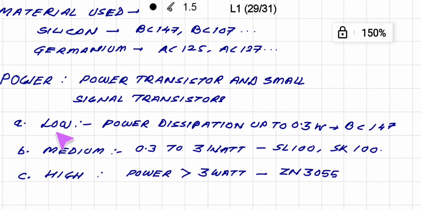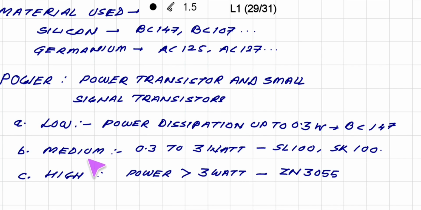In case of low power transistors, designed for the low power category, the power dissipation is up to 0.3 watt only. For example, BC147 is a low power dissipation transistor.